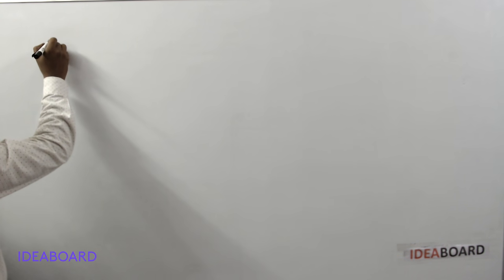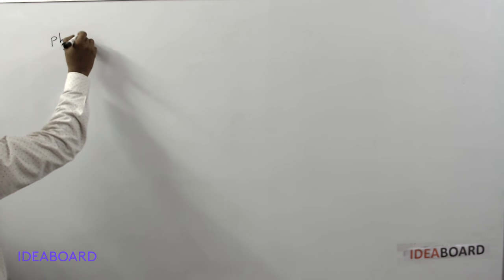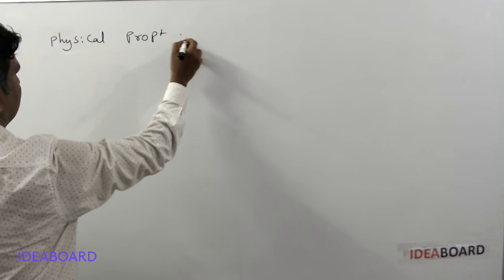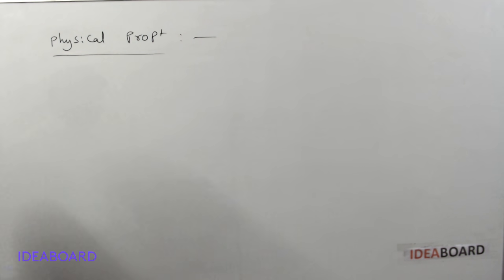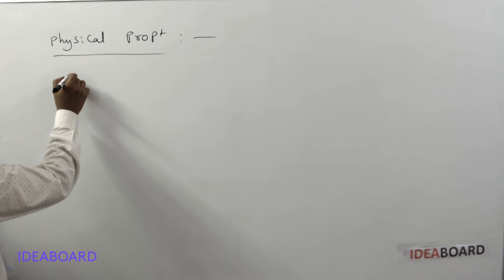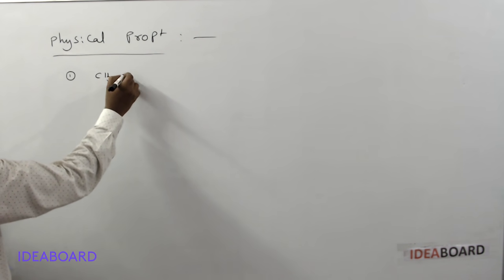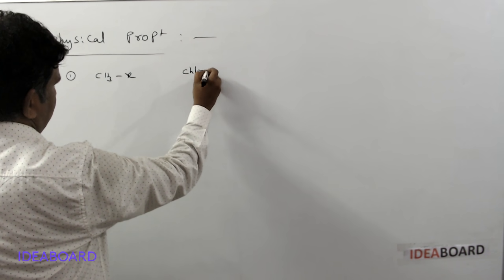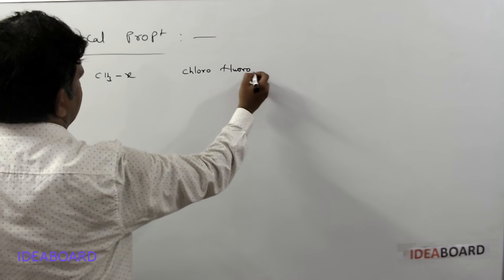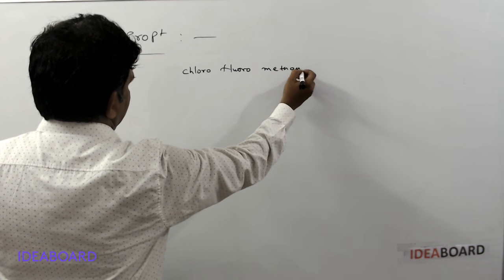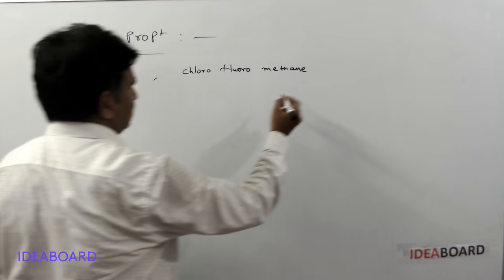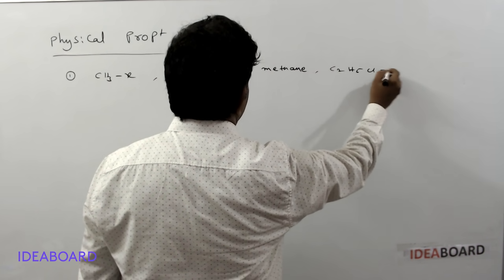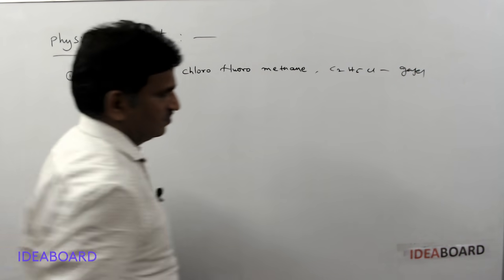Next, physical properties of alkyl halides. Here, first one: methyl halides, chlorofluoromethanes, and ethyl chloride, C2H5Cl, are gases.